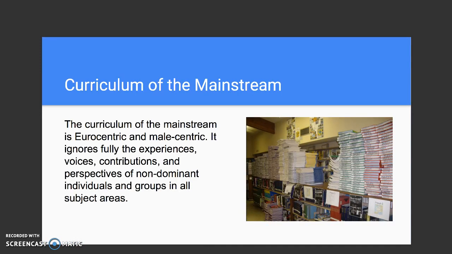So the first map that we looked at, which was very few pieces, all white, and pretty much symbolized the mythical norm or the traditional canon that we have used since the institution of public education in our country. So it's the curriculum of the mainstream. It is Eurocentric and male-centric. And it ignores the experiences, voices, and contributions of non-dominant individuals and women.